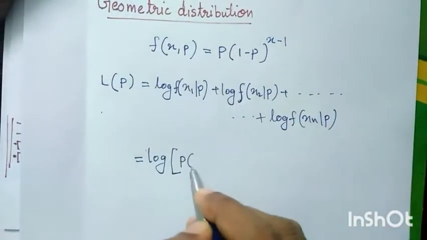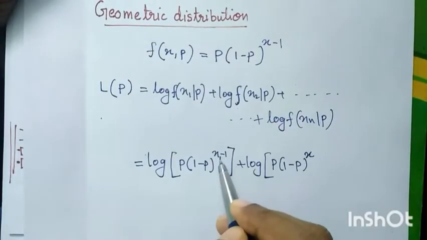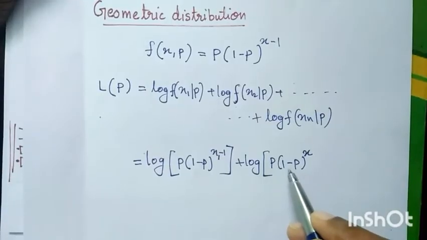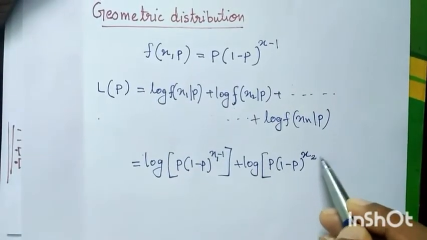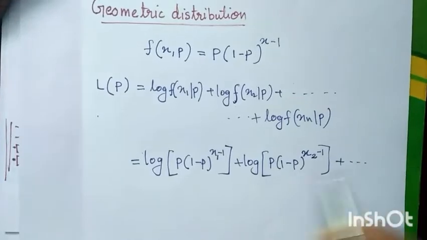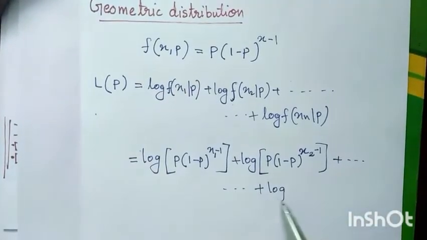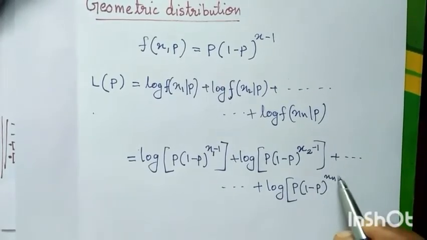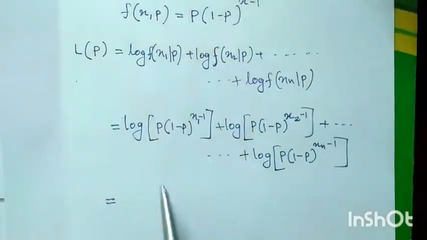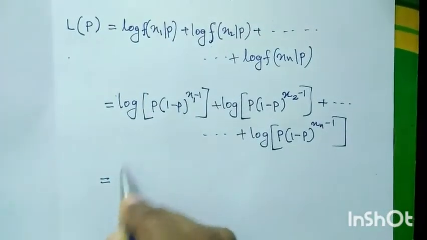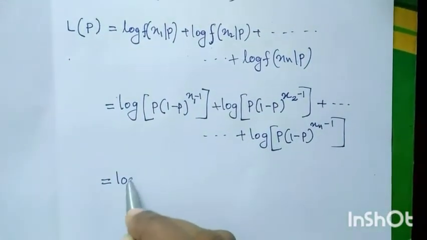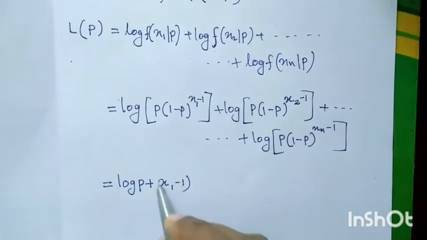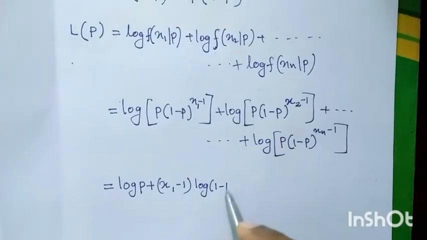Log of p into 1 minus p the whole raised to x1 minus 1 plus log of p into 1 minus p the whole raised to x2 minus 1 plus etc. plus log of p into 1 minus p the whole raised to xn minus 1, which is equal to, according to the basic logarithmic equation, we can change this as log p plus x1 minus 1 log 1 minus p.